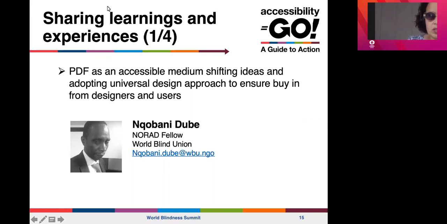It's important to reiterate that we have to see accessibility as something cross-cutting. We cannot silo accessibility into a tick-the-box exercise; it has to be mainstreamed. And if it's sufficiently mainstreamed, then it will not be an overinvestment or overly focused on accessibility.